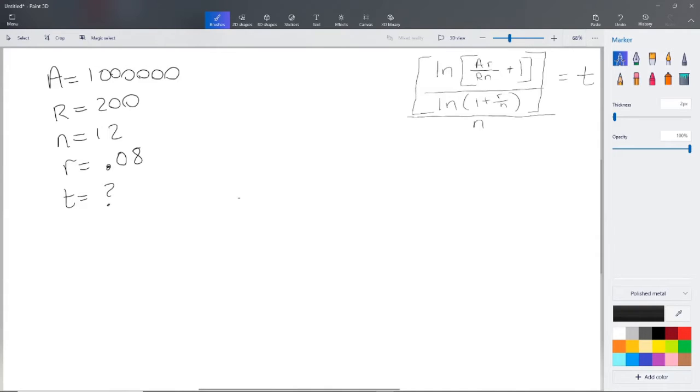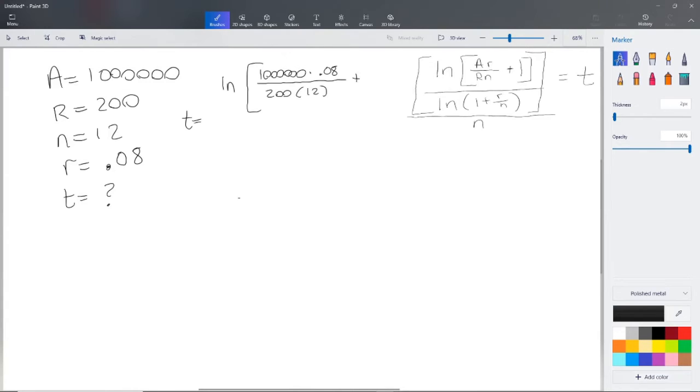I know T to be a drink with jam and bread, if you believe the old song. In this case, that's not it, but it is going to be a number of years. And so let's set up our equation so we can solve for it. Let's start right here. So we know that T is equal to the natural log of 1,000,000, 1 with 6 zeros, times little r, so times 0.08, divided by big R, 200, times our N value, which we know is 12.